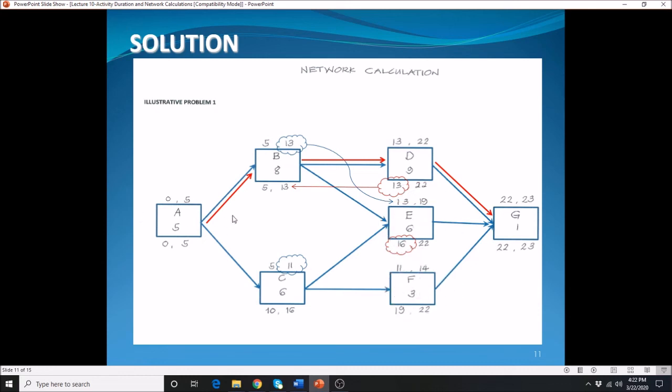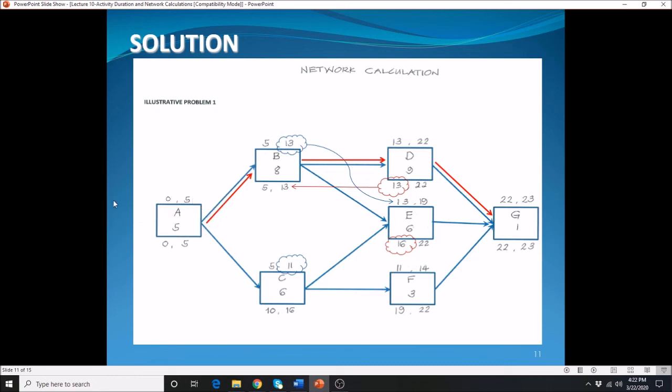With the calculation, you have to begin with 0. For manual calculation, we usually use the end of day convention, as they call it. Although we start at 0, it means that the activity will begin the next day, which is 1. The reason we begin with 0 in manual calculation is that it's easy to do the math: 0 plus 5, the duration, is equal to the early finish of the activity.